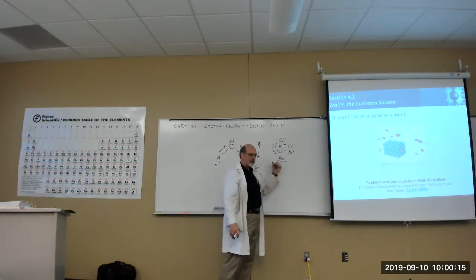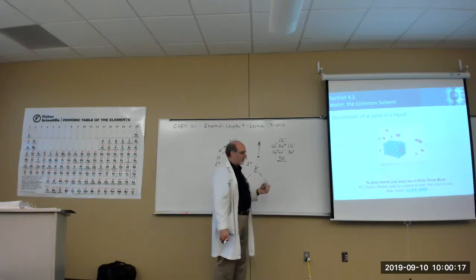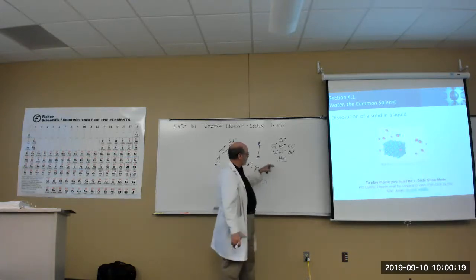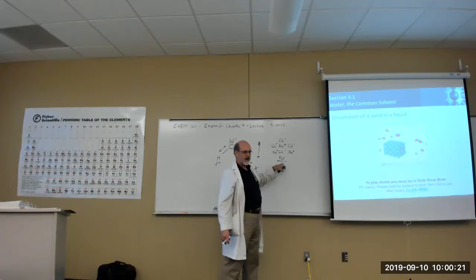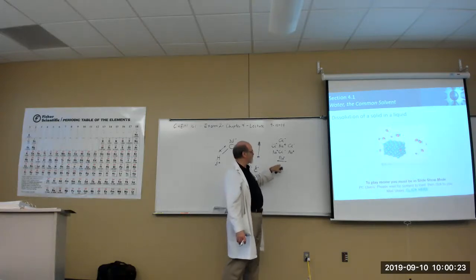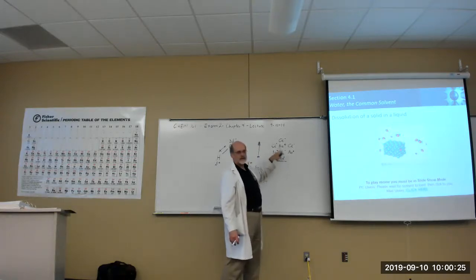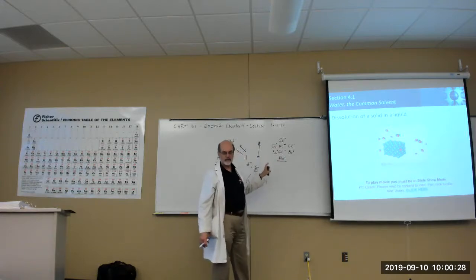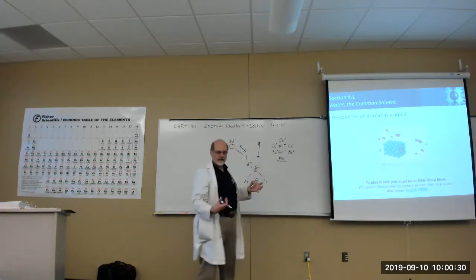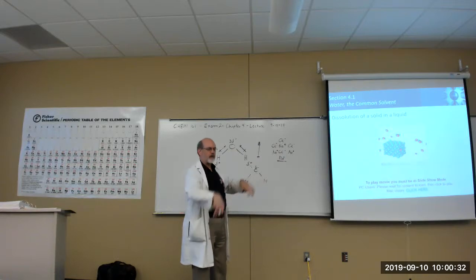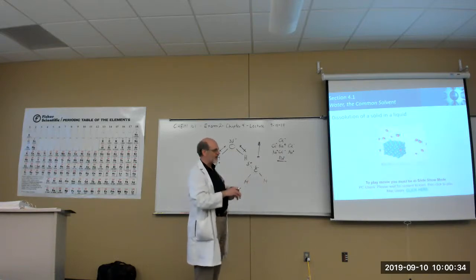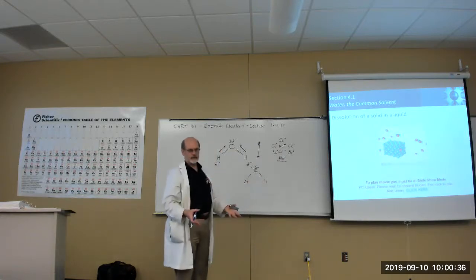So there's a pull on that sodium. And when you get enough of these pulling, the force of attraction of sodium to water exceeds the force of attraction of sodium to the chloride ions in the crystal, and the sodium ion separates from the crystal, becomes surrounded by water molecules, and then we say it is in solution.